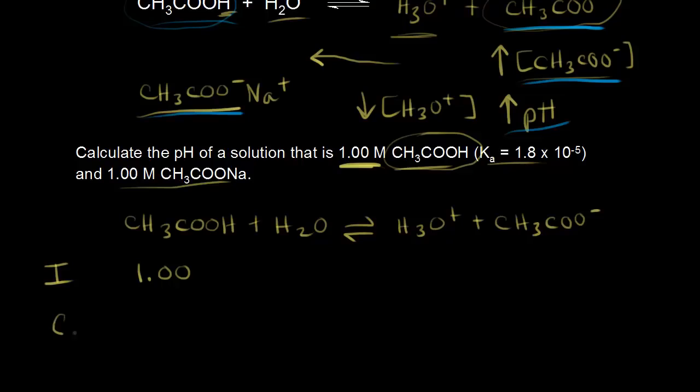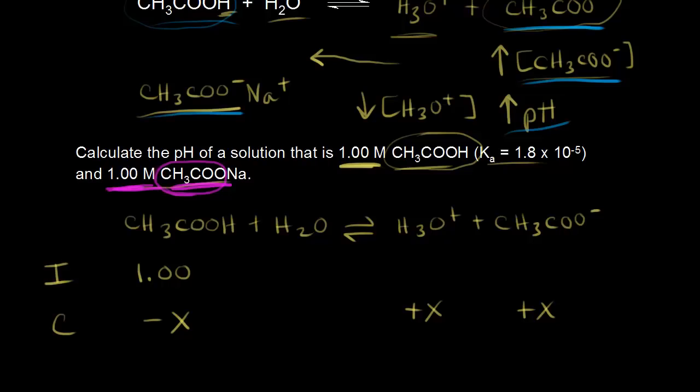And then for our change, whatever concentration we lose for acetic acid, we would gain for the acetate anion, and therefore we would gain for the hydronium ion. So we're going to gain a concentration of the acetate anion here, but we have to add in something, because we're also dealing with this 1 molar concentration of sodium acetate. So we have another source for acetate anions, so really we have 1 molar.